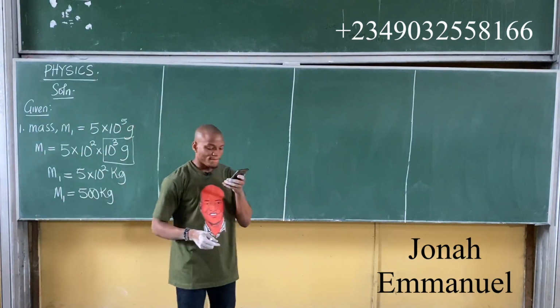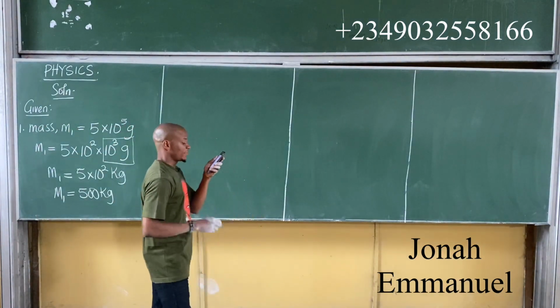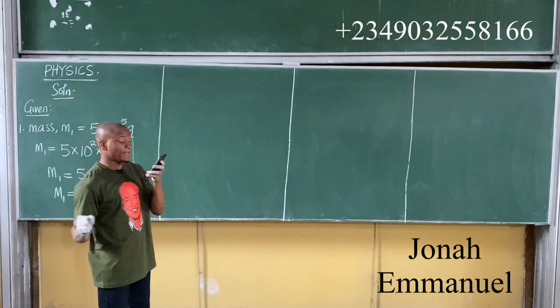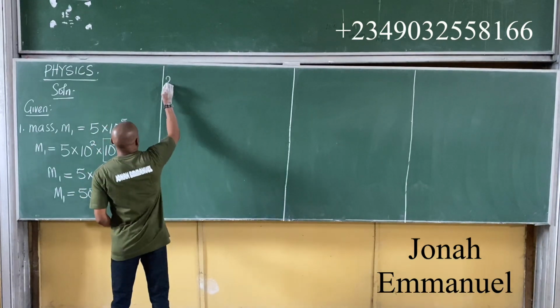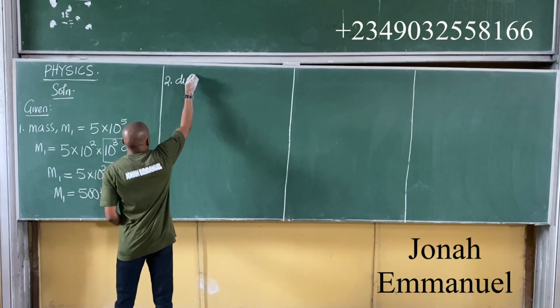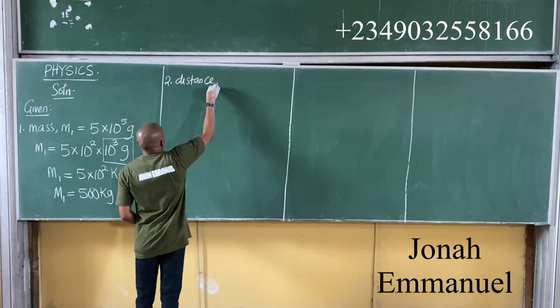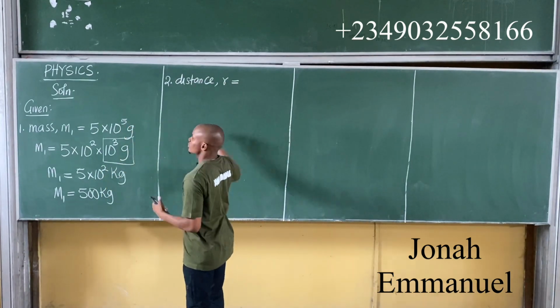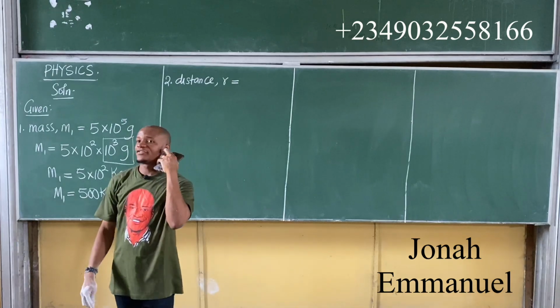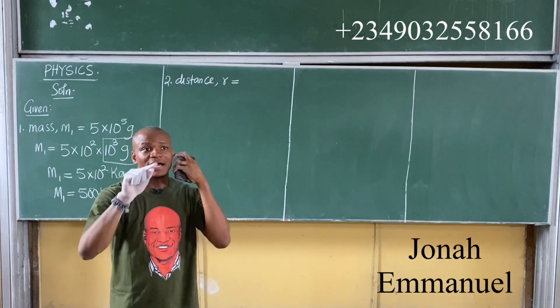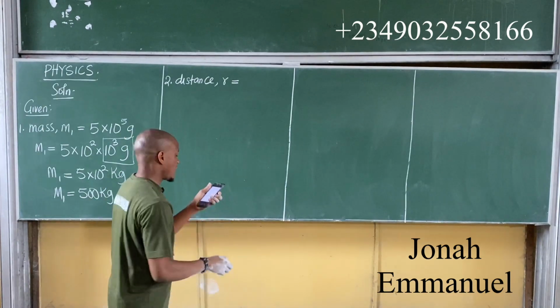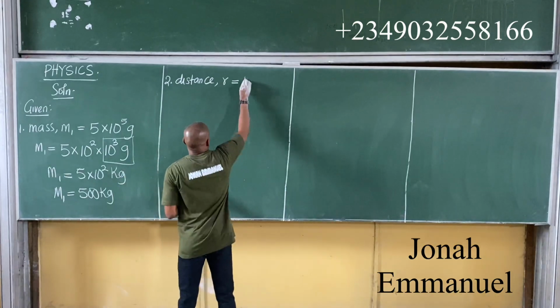So what next there? Next we said, if this body were in space at a distance. When it comes to the concept of Newton's law of universal gravitation, distance is what here? R. Right. R is how many here? 12 what?